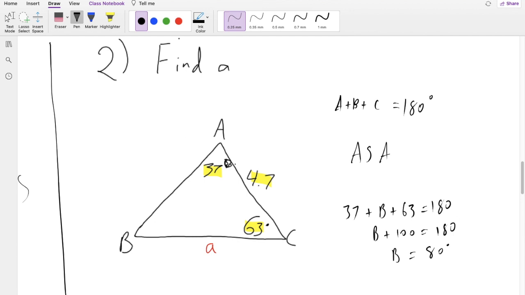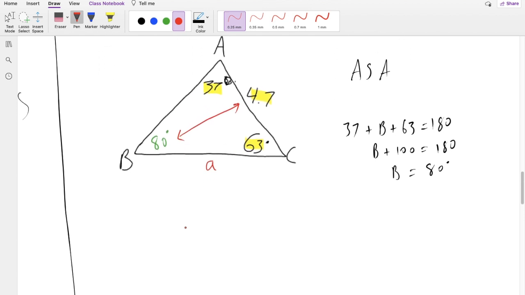So that means I can fill in that angle B is going to be 80 degrees. Now we do have this completed ratio where we have the side which is opposite of an angle. So those numbers are there. Let's set up this law of sine now.